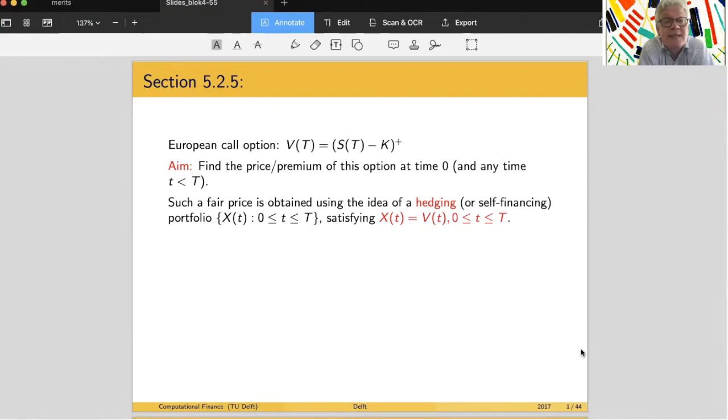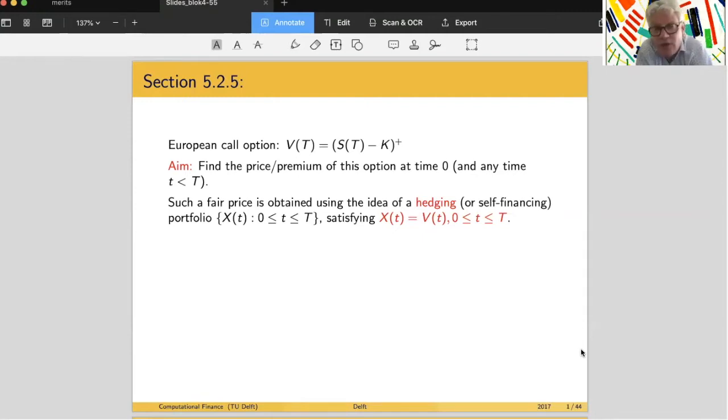That's X_t, little t from 0 to capital T, and it should satisfy that X_T is equal to V_T. It is a portfolio consisting of stocks and cash. And when the stock should be delivered at final time, then there should also be stock in the portfolio.